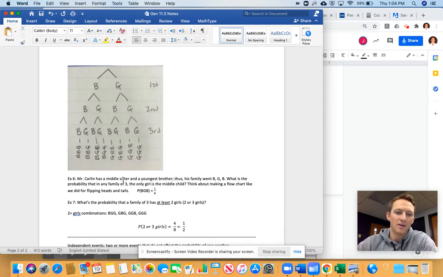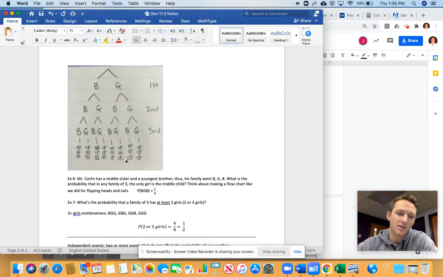So I have a middle sister and a youngest brother, and my family went boy, girl, boy. So oldest, middle, youngest. What's the probability that in any family of 3, so these are options up here, the only girl is the middle child? So let's look out of these options where there's only one girl, and she has to be in the middle.